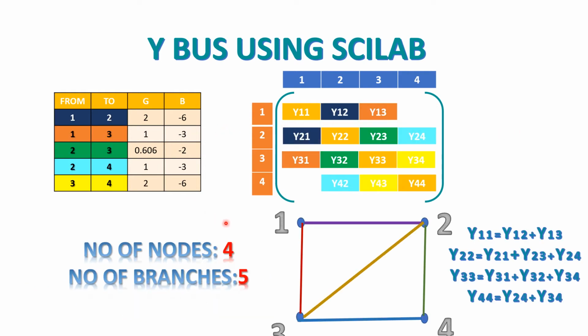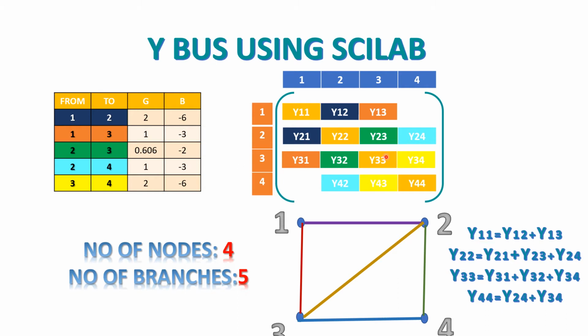So in this, I have represented the from and to columns with different colors. So here from 1 to 2 it is Y12. Similarly, as I told you, Y12 is equal to Y21. I have represented them with the same color.